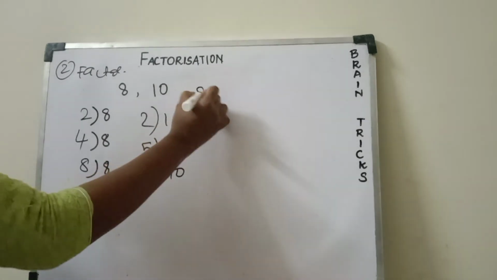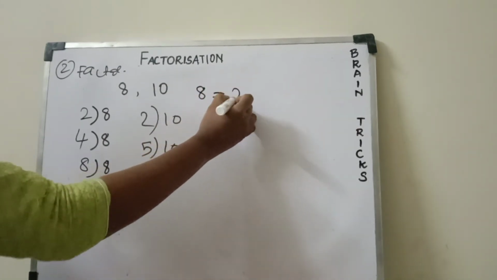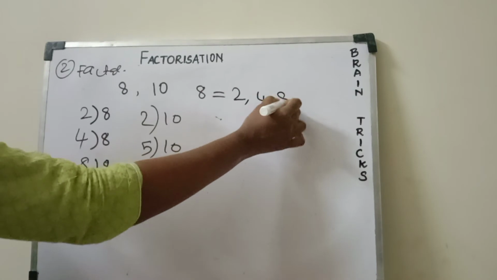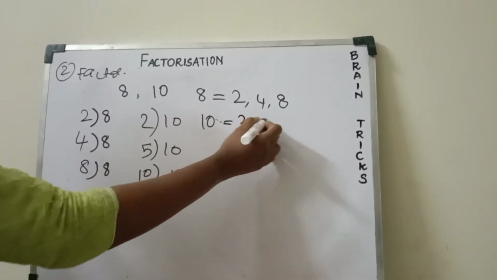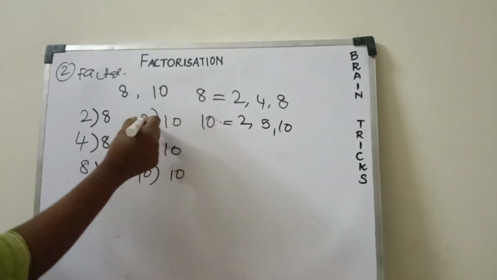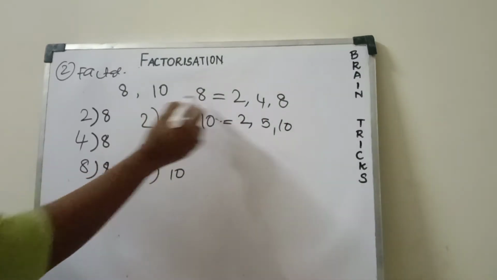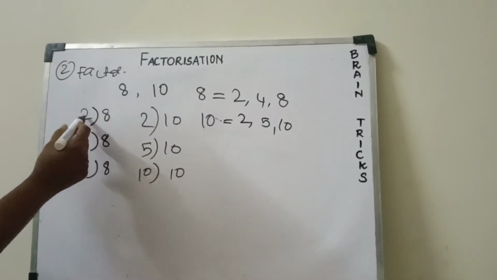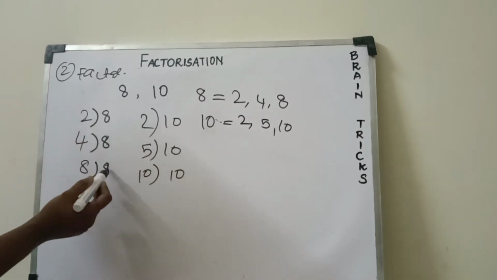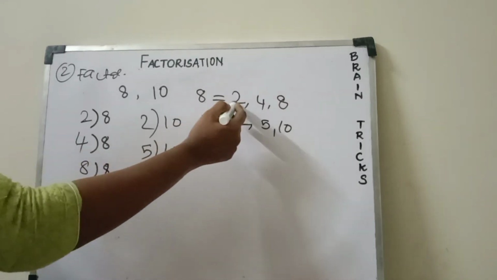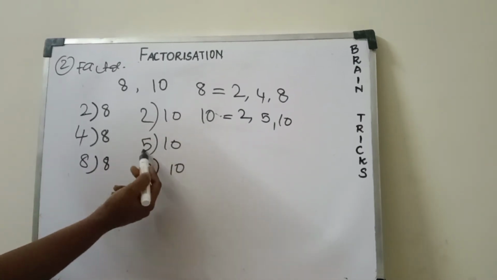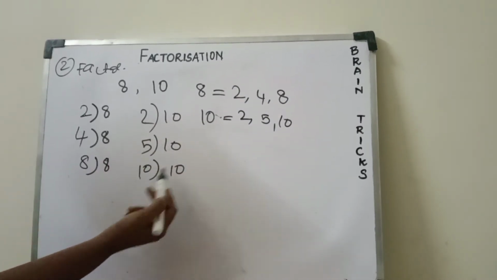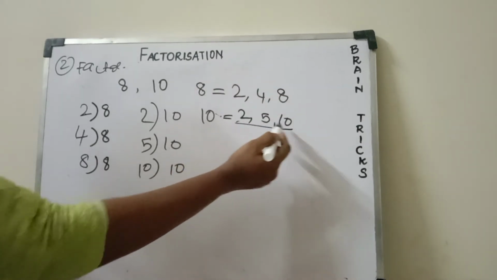So the factors of 8 are 2, 4 and 8. The factors of 10 are 2, 5, 10. You have to write the divisors. So 8 is divisible by 2, 4, and 8. So these are the factors of 8. Clear? Next, 10 is divisible by 2, 5, and 10. So these are the factors of 10.